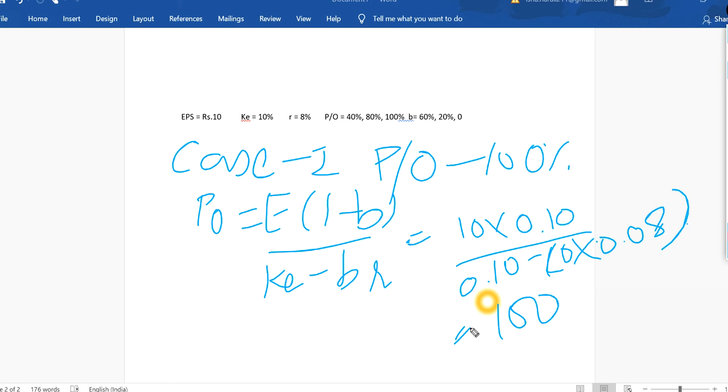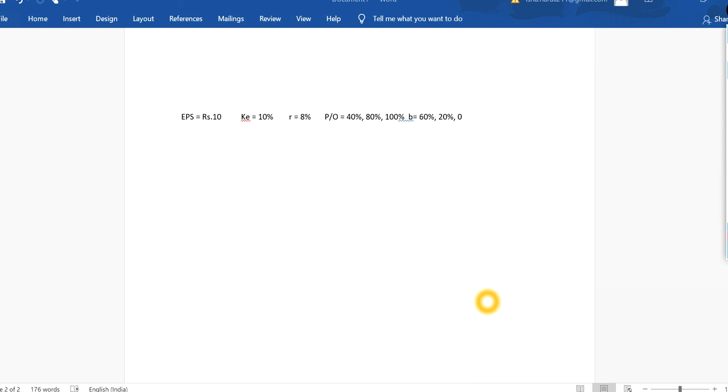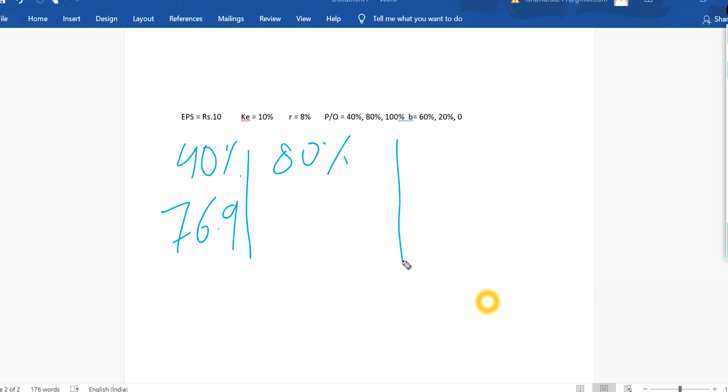So this is how we have calculated the price of the share in 3 cases. As you can see, in the first case where payout was 40%, the price of the share was 76.9. In the second case where payout was 80%, the price of the share was 95.7.